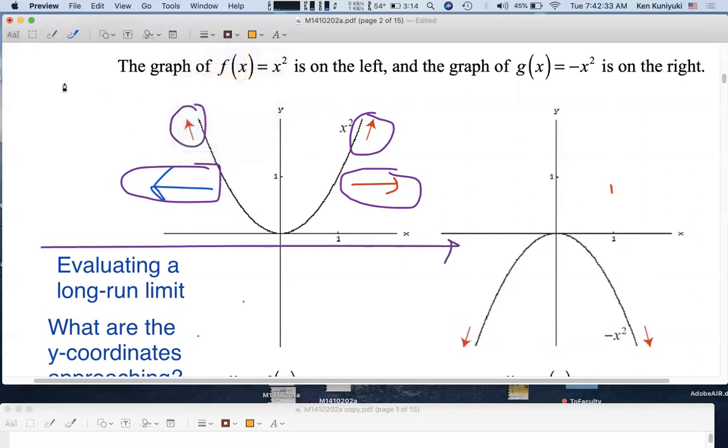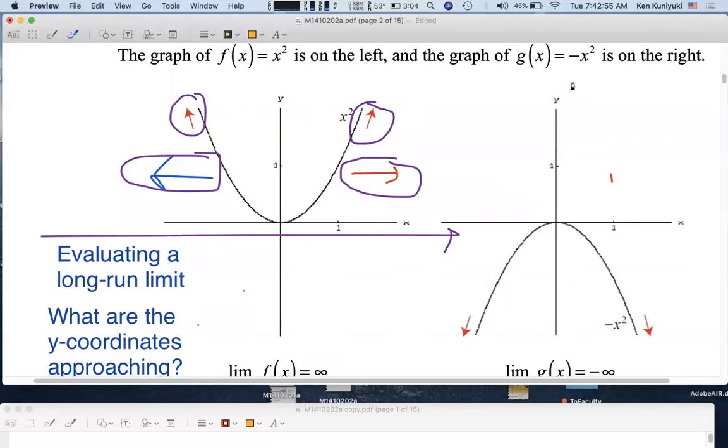This bowl is coming down from infinity, is coming down from the heavens. And then over here to the right, it's going off towards infinity. It's returning to the heavens. So it's going back to where it came from as you look from left to right. And bowls have that property.